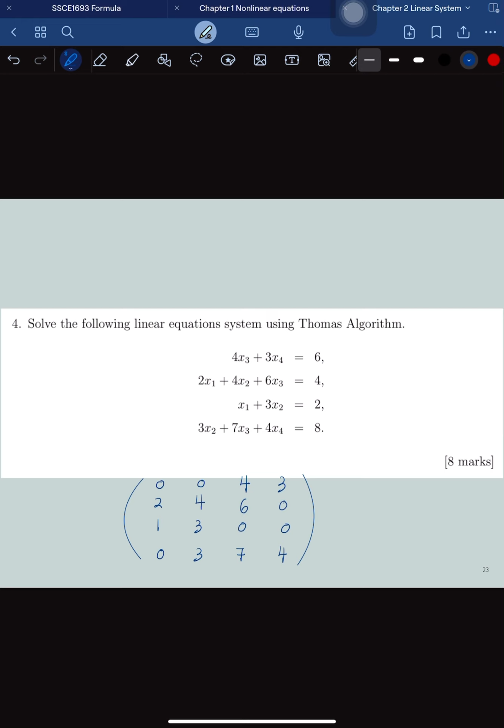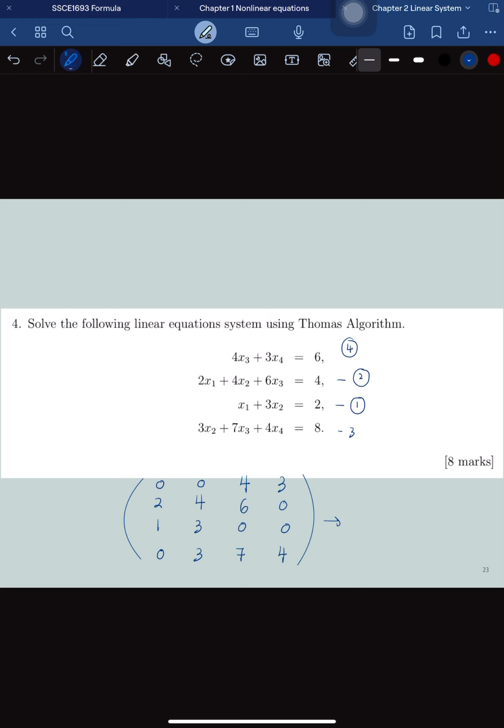So what you need to do is rearrange. This one will be your first equation, second equation, third, and also fourth equation.